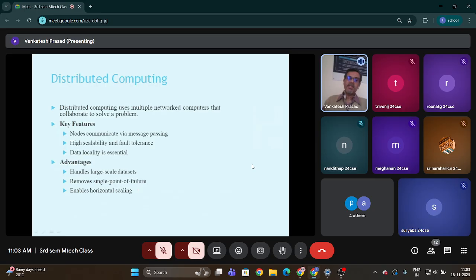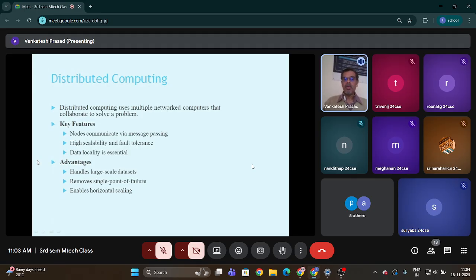Apart from that, there is distributed computing. In distributed computing, of course, you are also using distributed resources, but you don't require the massive parallelism which is needed in parallel computing. Here they will be running in parallel just to utilize the resources or to spread the workload across various systems for scalability, for fault tolerance.